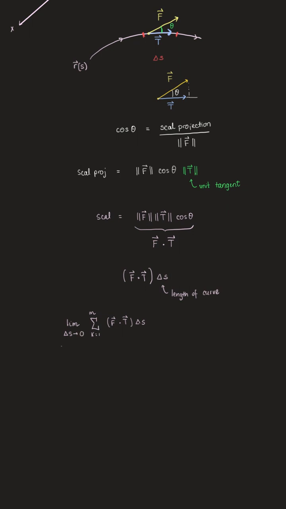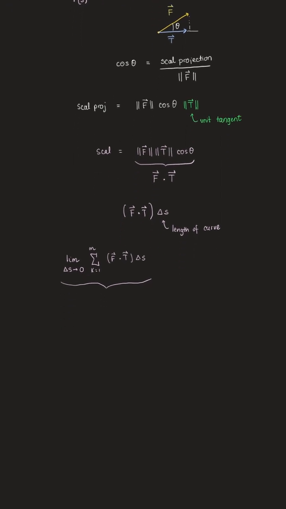And you might notice that this is in fact the limit of our Riemann sum, and so this is going to generate our first vector line integral over the curve. We're integrating the component of our vector field along the tangent, which is a dot product. And now our delta s, when it gets arbitrarily small, becomes differential ds, so over the length of the curve. And this is our definition of a vector line integral that measures how much of our vector field points in the direction of our curve.